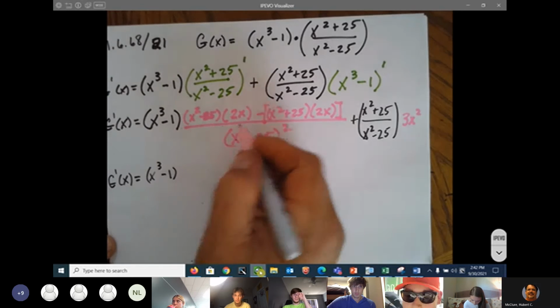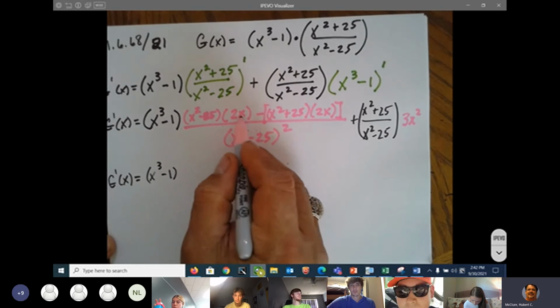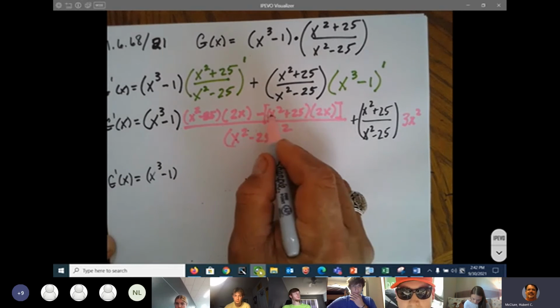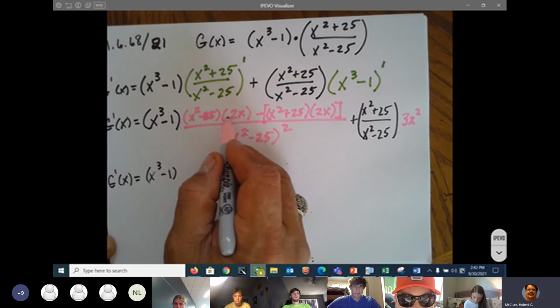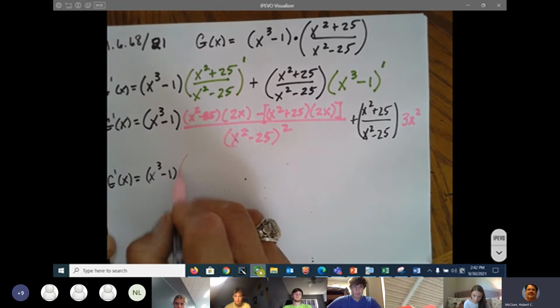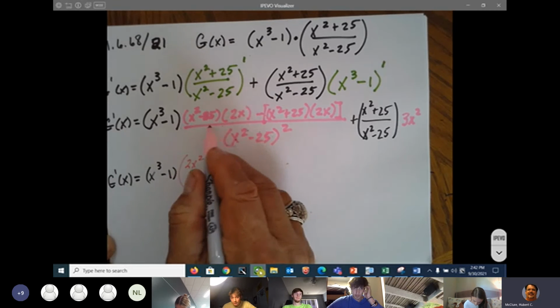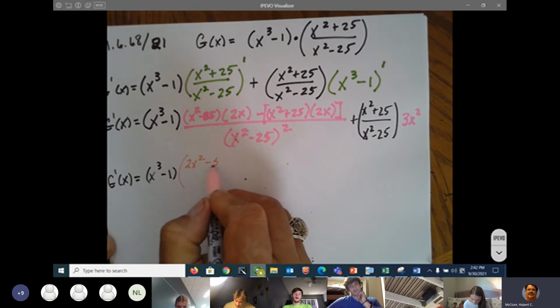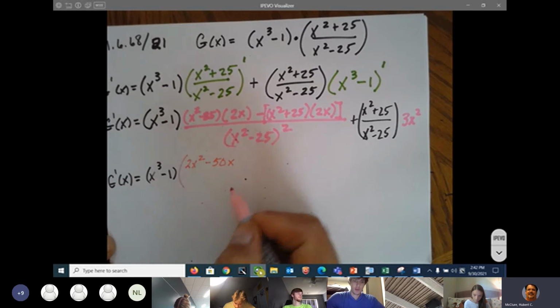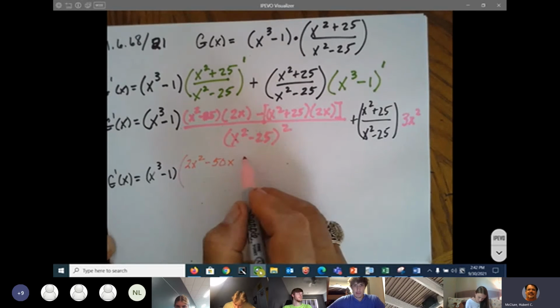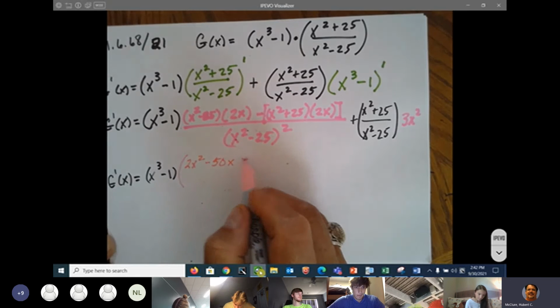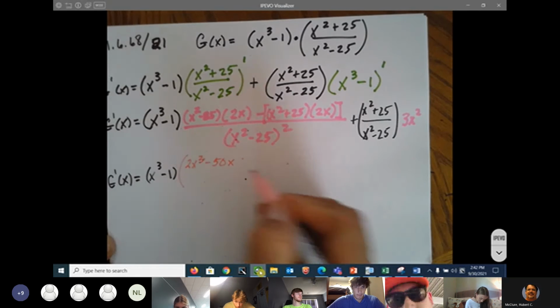So you can take this and you can, that minus 2x, and you're going to get negative, that's going to be 2x squared minus 50x minus 2x squared. No, wait a minute. 2x cubed.